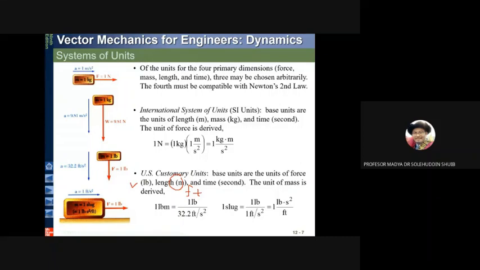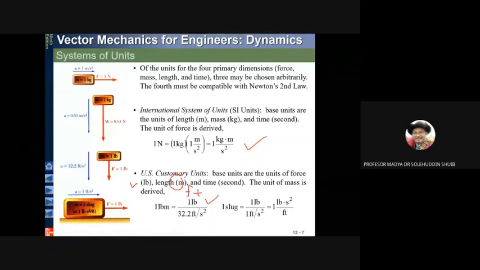So it's going to be 1 pound times second squared per foot. We have done this one, 1 Newton. And then here we have 1 pound mass. So the unit, look at this, is 1 pound, 32.2 feet per second squared.